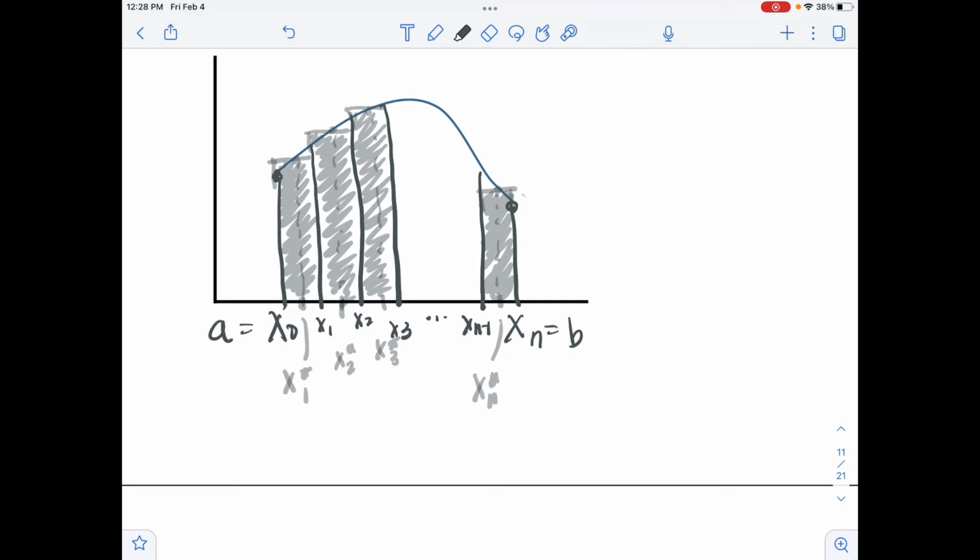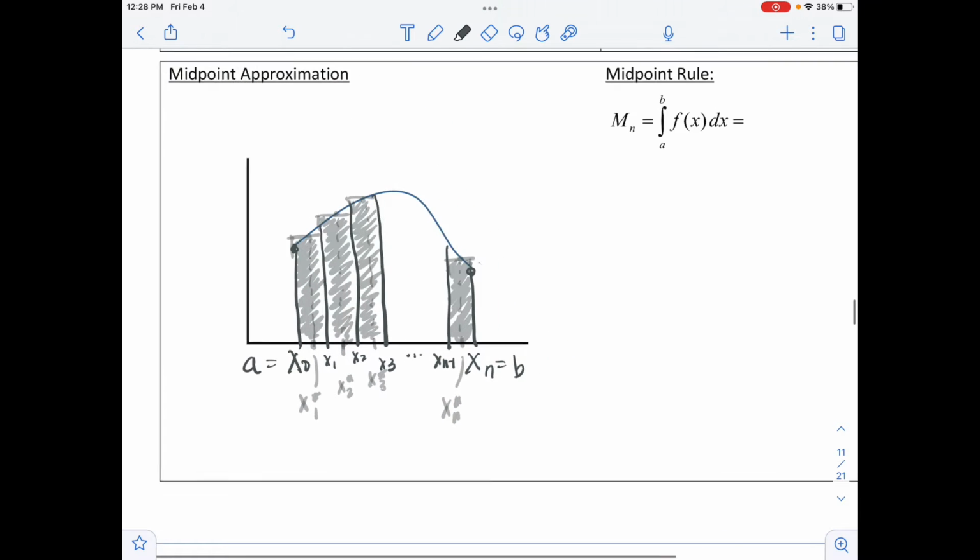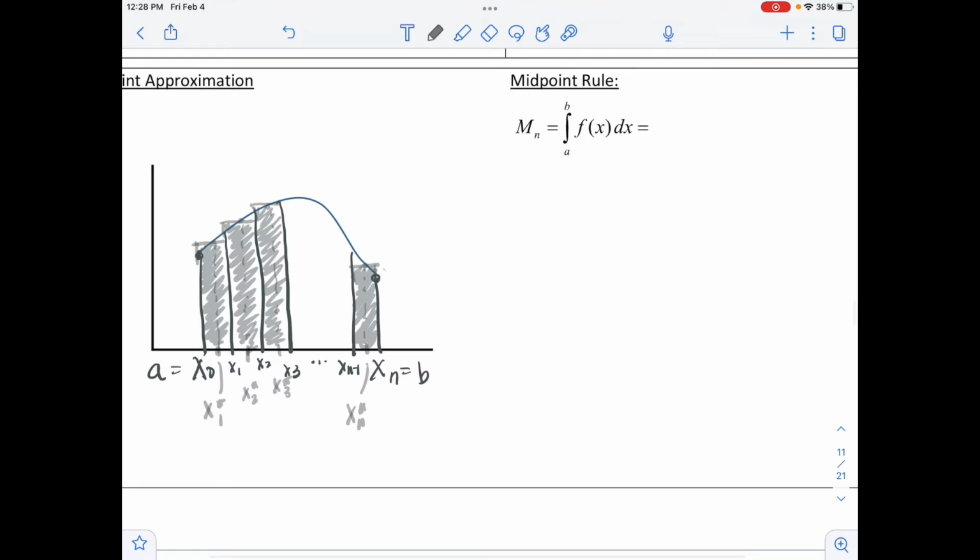And so for this, our midpoint rule is going to be the sum from i equals 1 to n of f of x sub i star delta x. And again, remember the x sub i star is that midpoint as defined by my picture. Likewise, I'll factor out the delta x, which again is going to be the width, which is still the same delta x as defined up above.